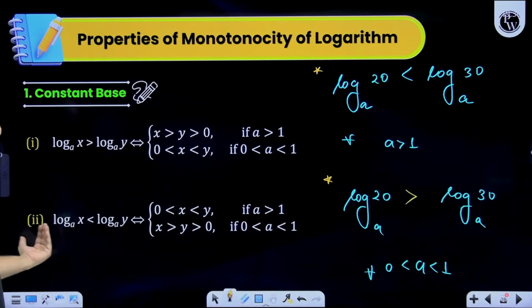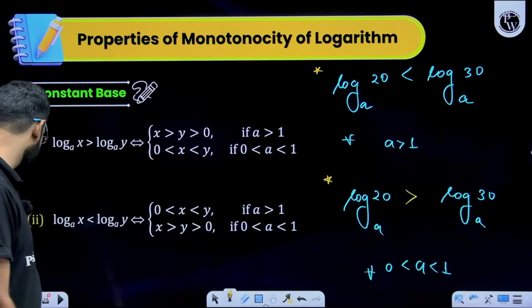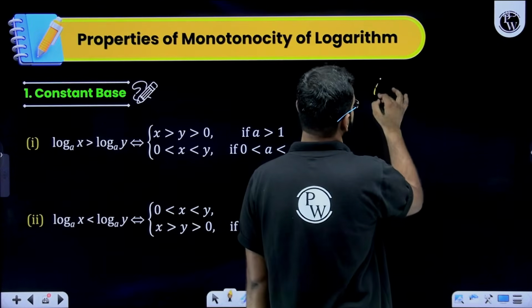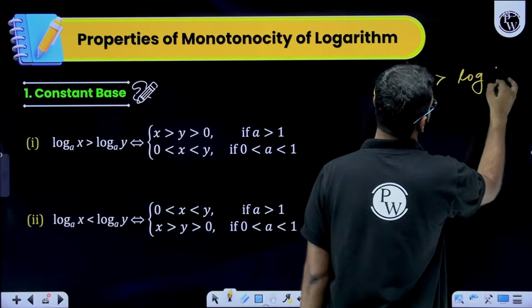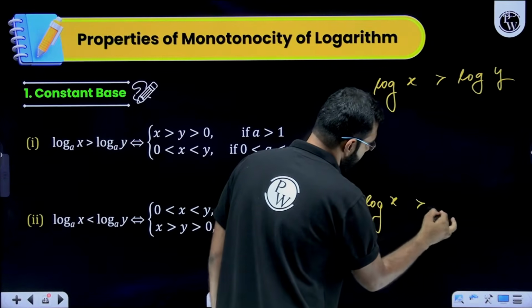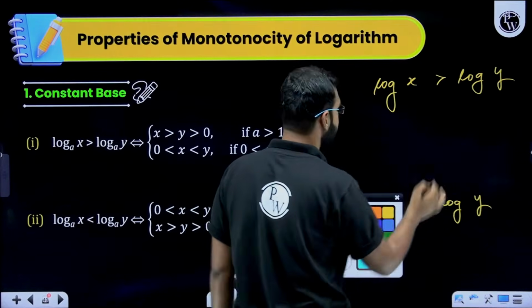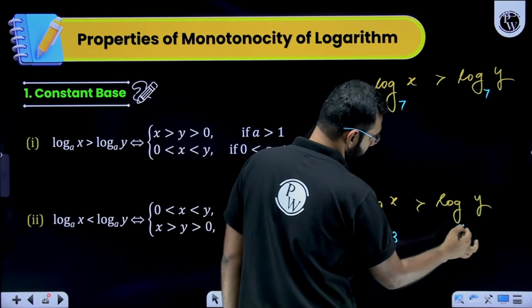Similarly, this conclusion is pretty simple. Let's say I'm given log of x greater than log of y. In one case the base is 7, in another case the base is 0.3.